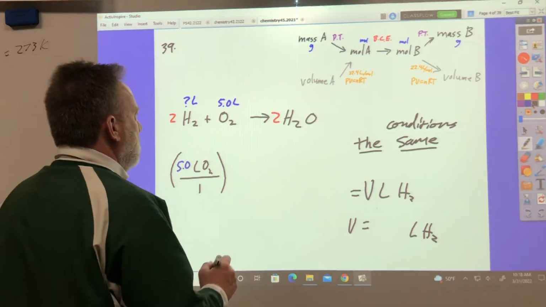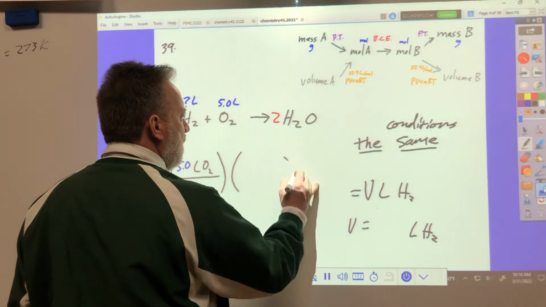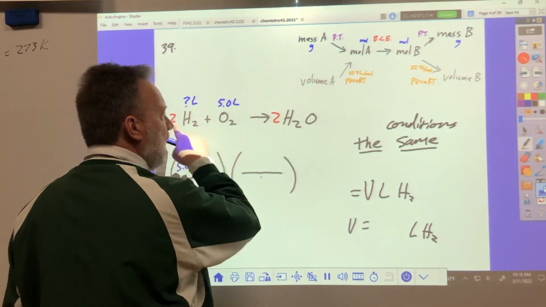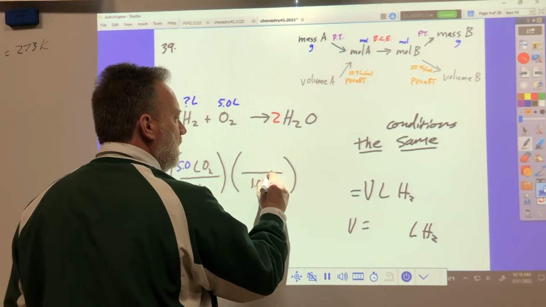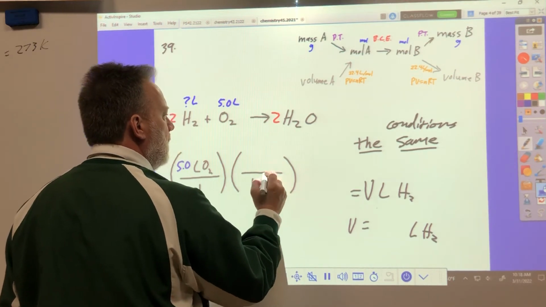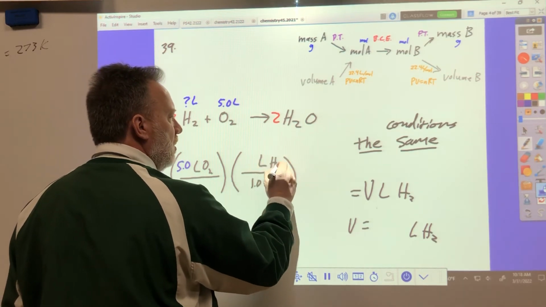Okay. And then remember these numbers, as long as your gas conditions are the same, are also liters. For every 1 liter of oxygen, I have 2 liters of hydrogen.